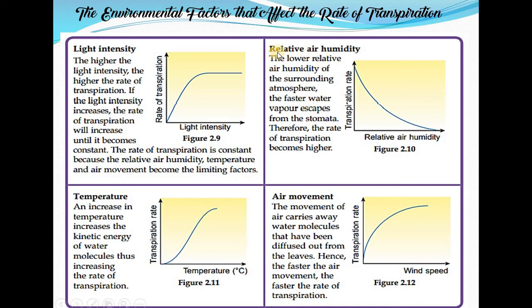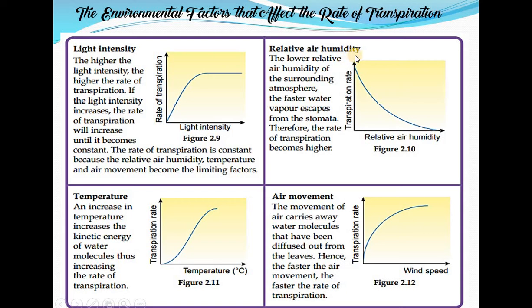The third factor, the relative air humidity. Air humidity refers to the content of water vapor in the air. If air humidity is higher, what do we mean? It refers to a high content of water vapor in the air.